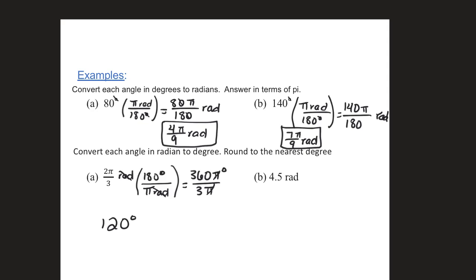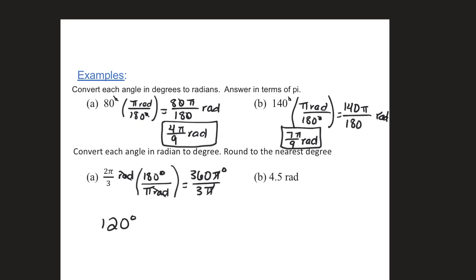What this is saying is that 2 pi over 3, this placement, this angle, is the same thing as 120 degrees. It's going to be the exact same measurement, just in 2 different units. Think about this like meters versus inches, right? We're talking about 2 different ways to measure the same exact length or the same exact angle.